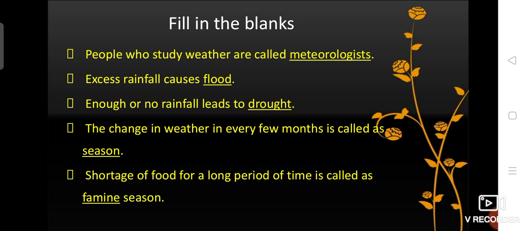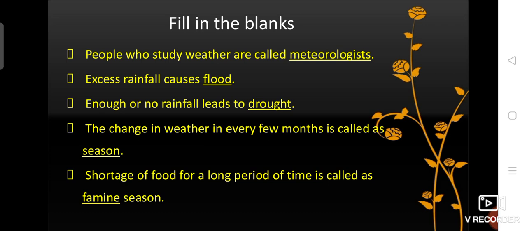Those people who regularly note down this temperature and study the weather are called meteorologists. They analyze the weather report and deliver that to the news channel.